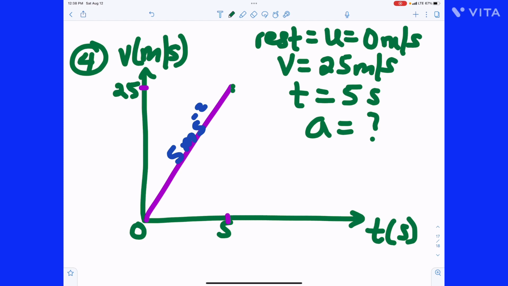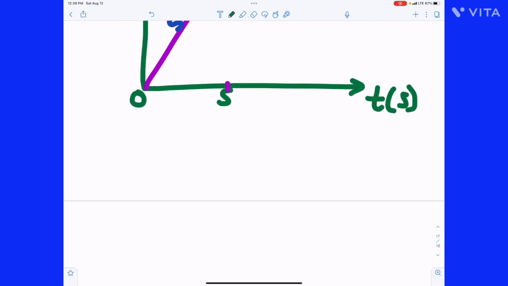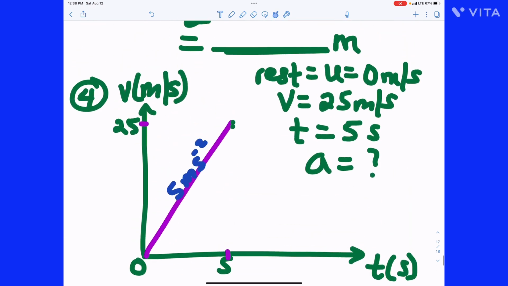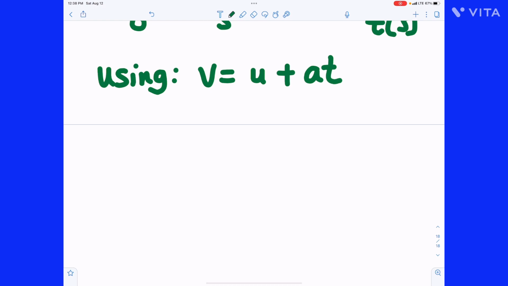I need the acceleration. That's a simple question. I'll go back to my equations of motion. Which of the 4 equations of motion connects U, V, A, and T? That's equation 1. It is equation 1 that connects U, V, A, and T. So I'll say using V is equal to U plus AT.